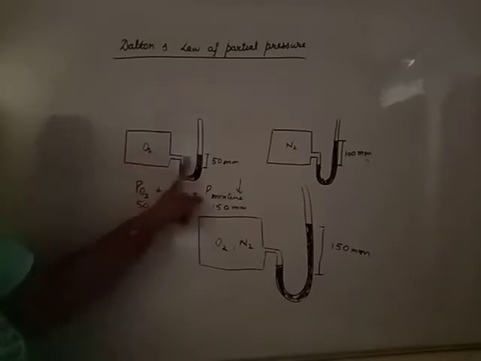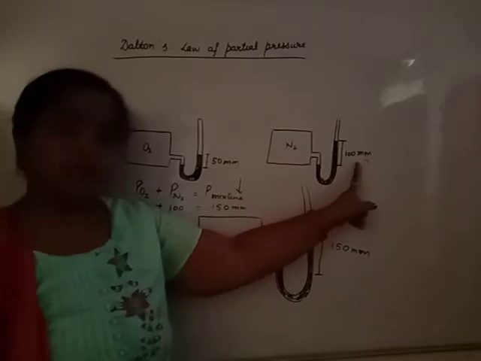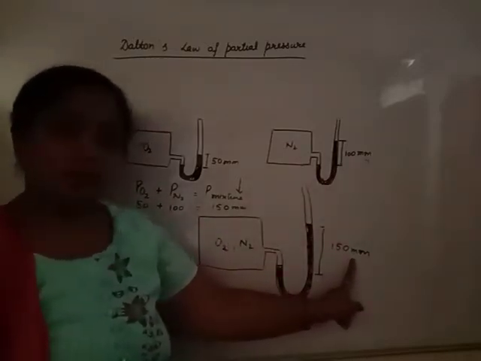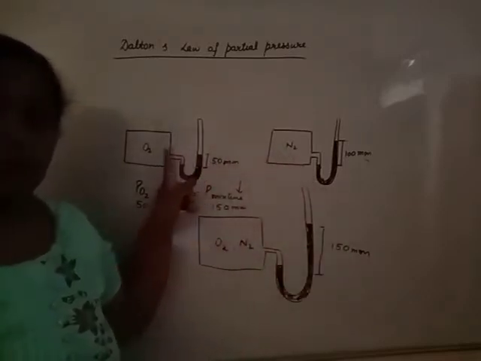In the pure state, the partial pressure of oxygen is 50. In the pure state, the partial pressure of nitrogen is 100. When we mix these two, the total pressure is 150, formed by the combination of the partial pressures of the pure gases.